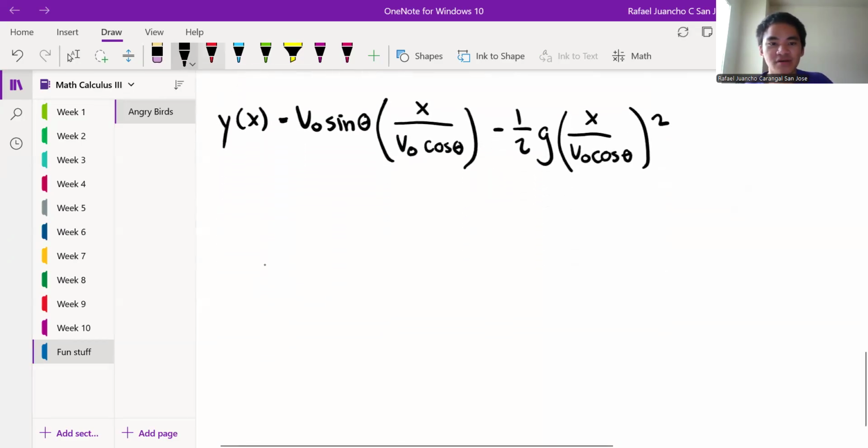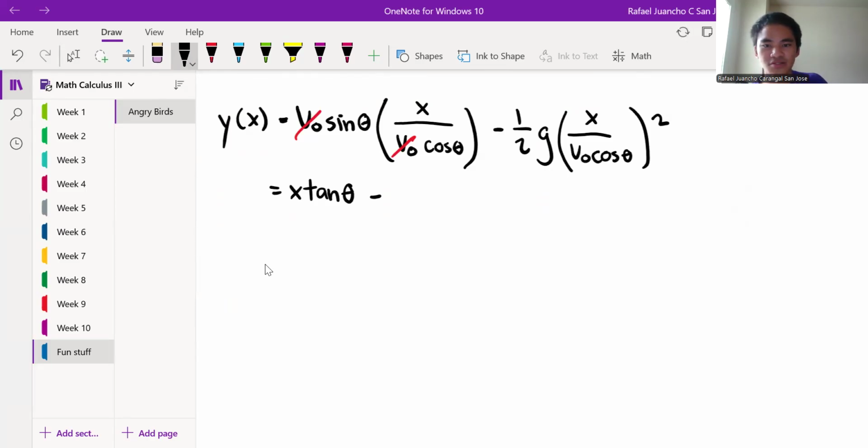Now we want to simplify. So here you can just cancel out the v naught. This will give us sine theta over cosine theta. What is that? It's tangent theta, right? So here we have x times tangent theta. And then we just square everything that's here.